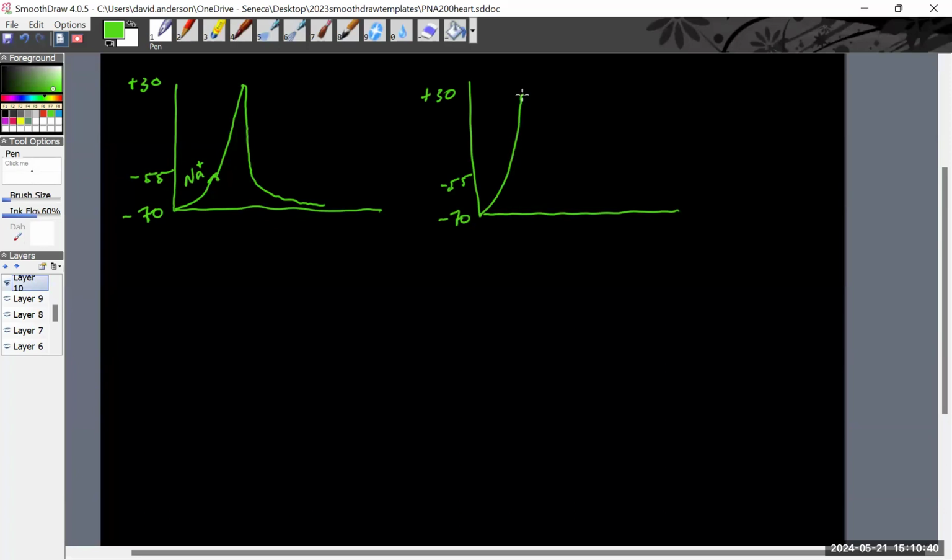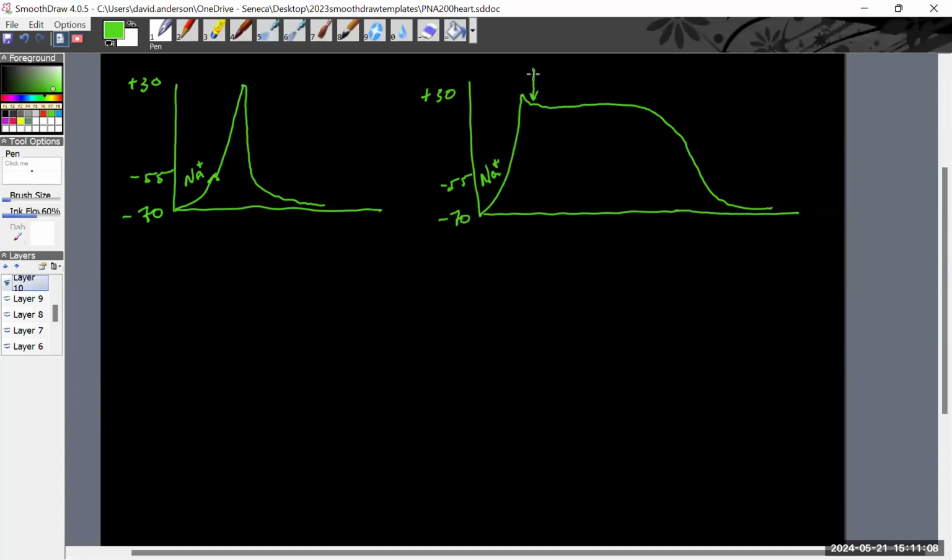When we reach that peak at +30, we're going to see a plateau before we begin the repolarization process. And as a result, this plateau causes a longer contraction phase. So this early steep curve is the responsibility of sodium, just like it was in skeletal muscle.